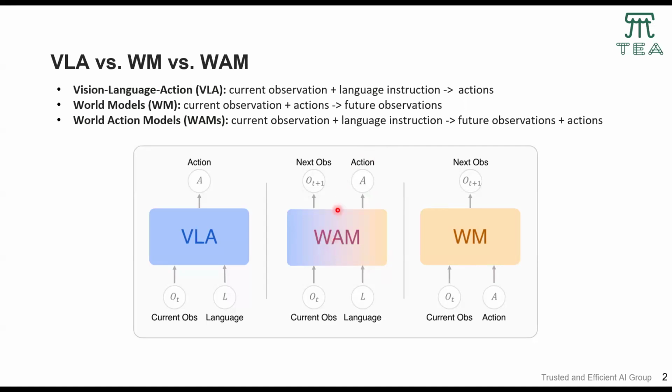This kind of model utilizes the future prediction to guide the action generation, because during the future prediction process, the model can capture capabilities like the physical dynamics and the temporal influence of the environment, which is very important and helpful for robot action generation. So that's the basic concepts of these keywords.